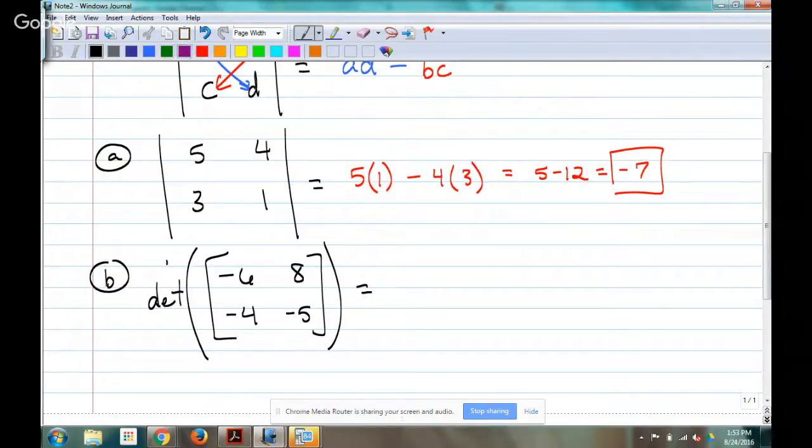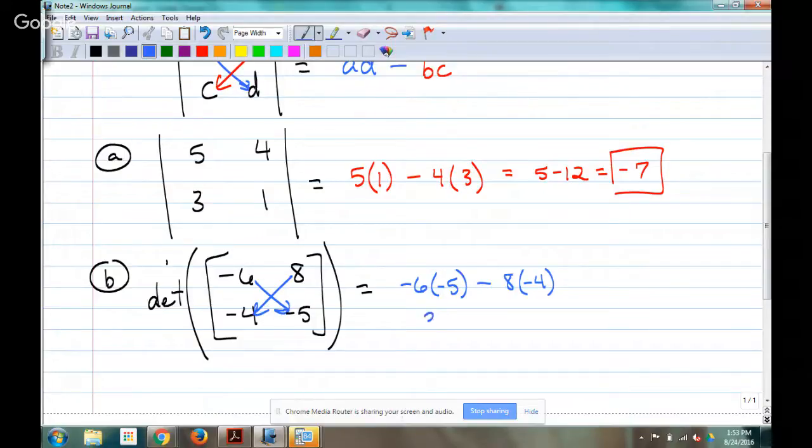So this is a 2 by 2 again. I'm going to multiply negative 6 times negative 5 minus 8 times negative 4. It doesn't matter what order you write that in, negative 4 times 8 or 8 times negative 4.